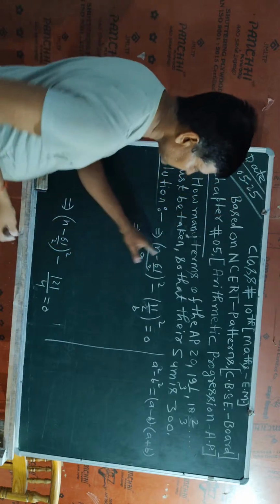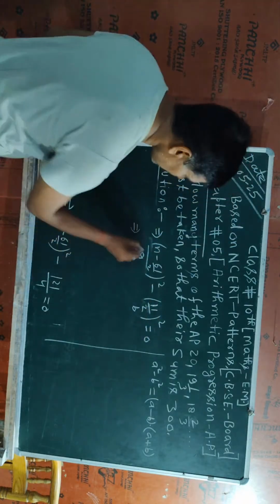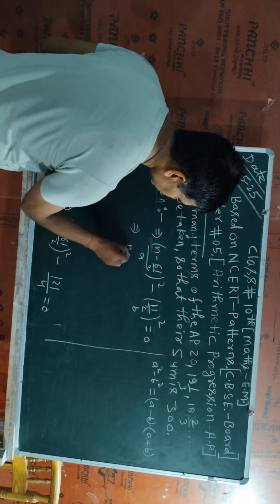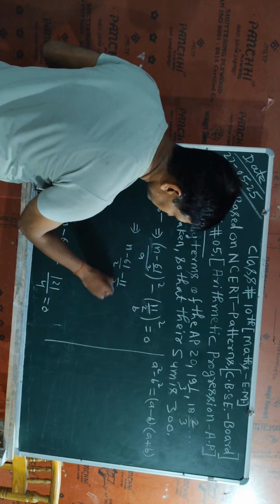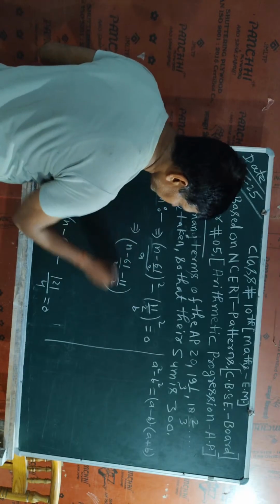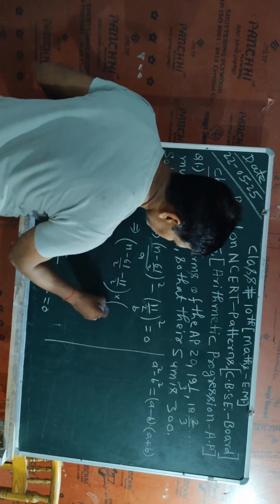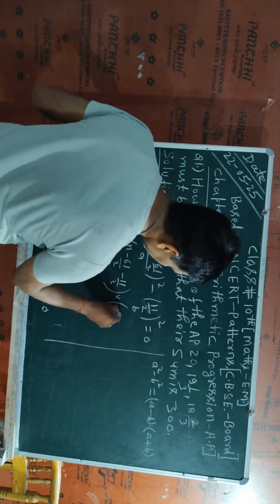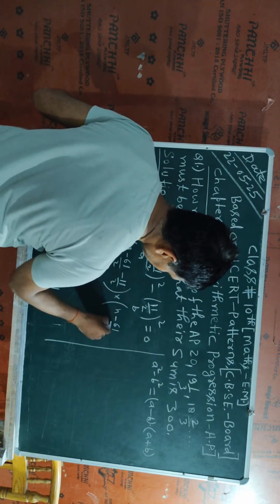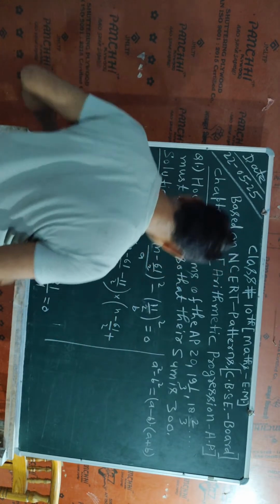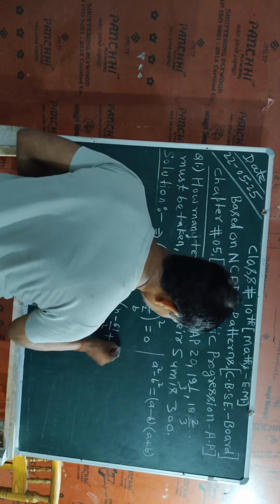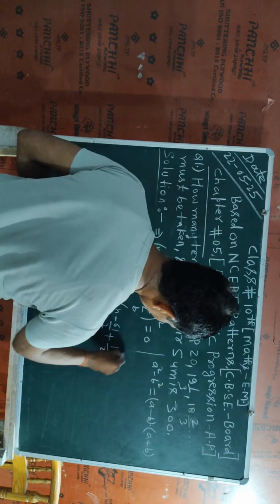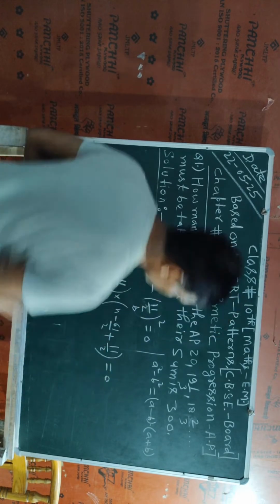So here will be a square minus b square. So I will write in one bracket n minus 61 divided by 2 minus 11 divided by 2, into, in second bracket, n minus 61 divided by 2 plus 11 divided by 2, and on the right hand side I will put 0.